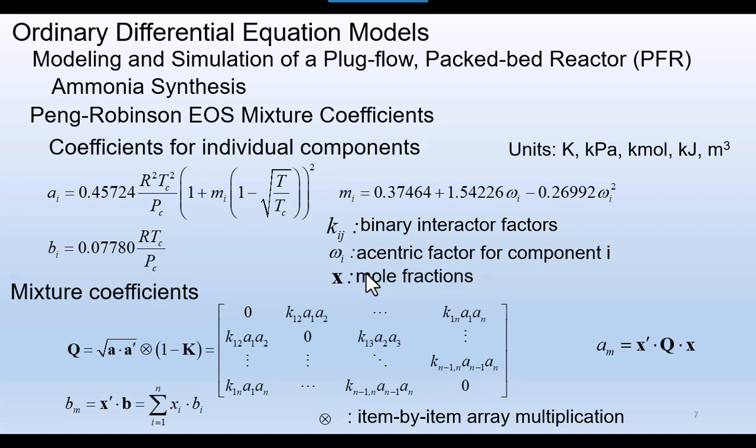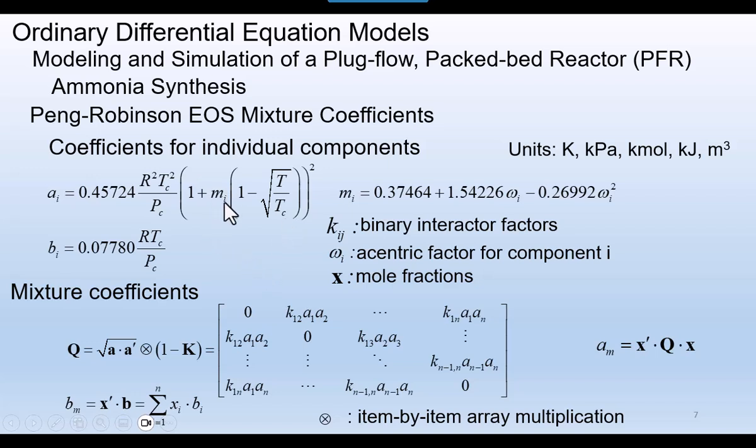modeling this. And the Peng-Robinson coefficients for individual components are given by these two expressions in terms of critical temperature and pressure. And here, this one in terms of the temperature and critical temperature.